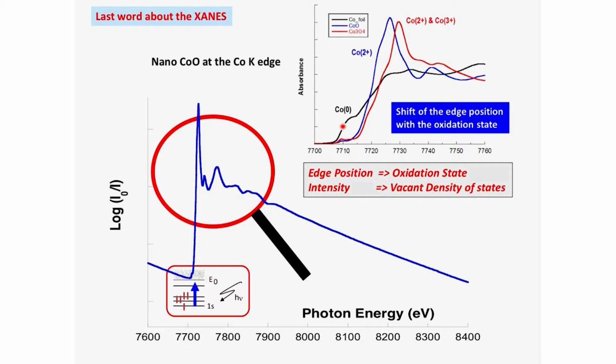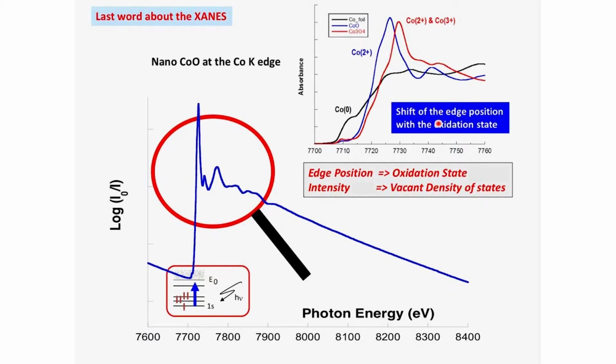The black curve is related to a cobalt foil, where you have as oxidation state cobalt at the most reduced state, cobalt 0. Then the blue spectrum is related to the cobalt oxide, where you have divalent cobalt atoms, and the red one is related to the spinel-like oxide, where you have a mixture between cobalt 2 and cobalt 3. And you see that we have a clear shift of the position of the rising edge with the oxidation state of the absorbing atoms.